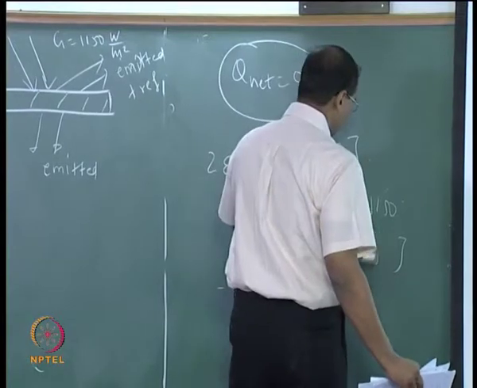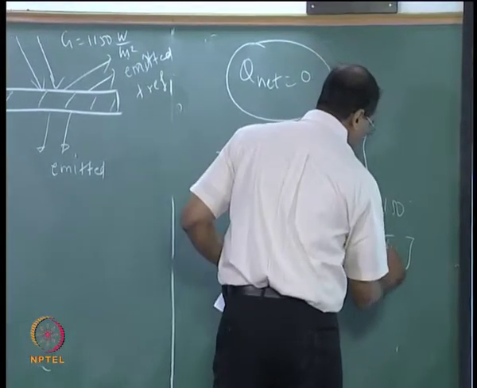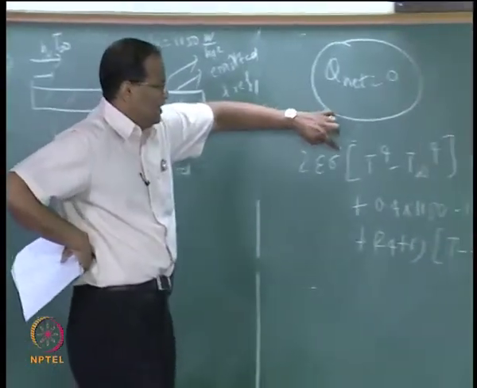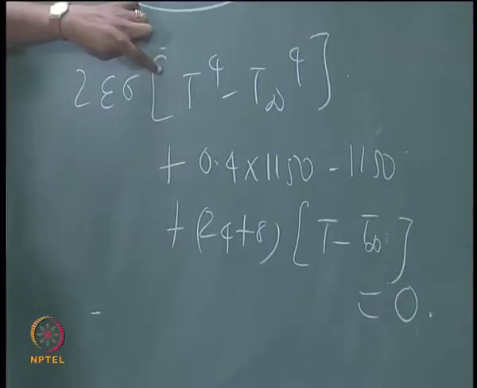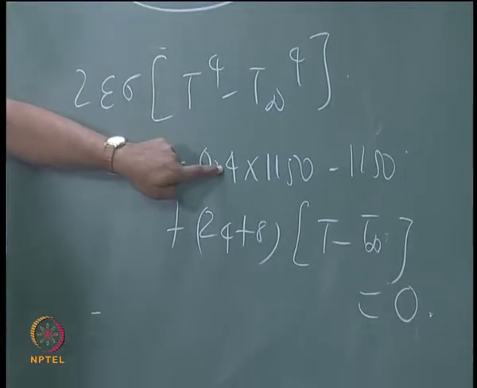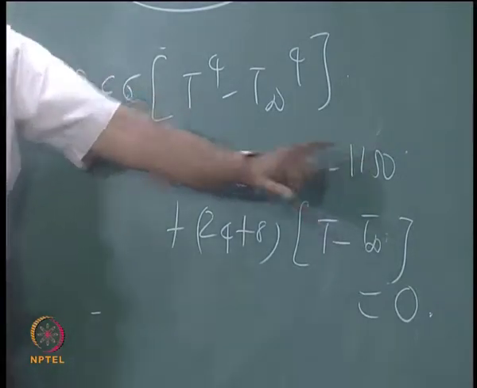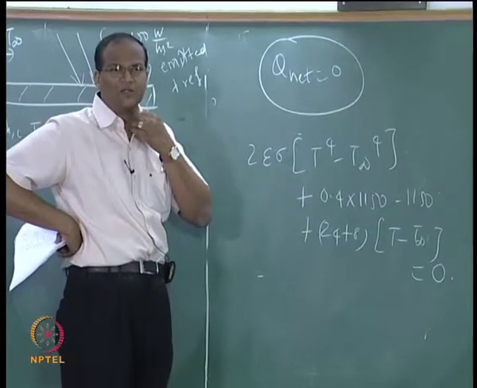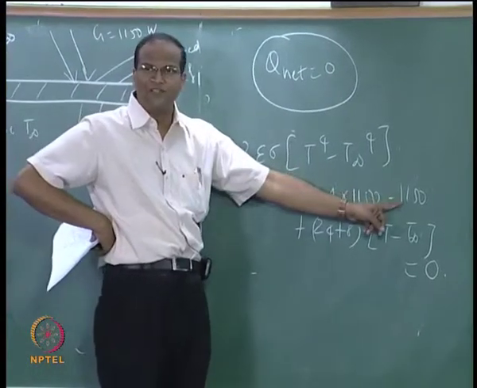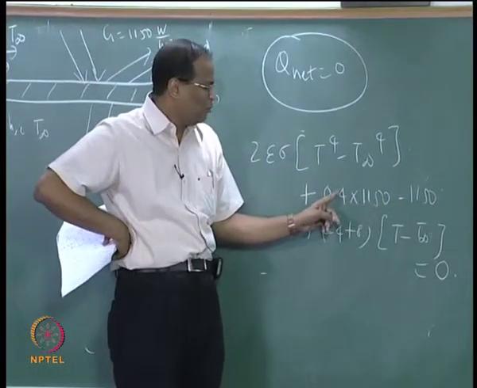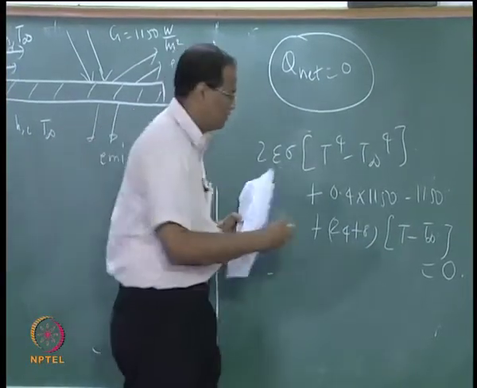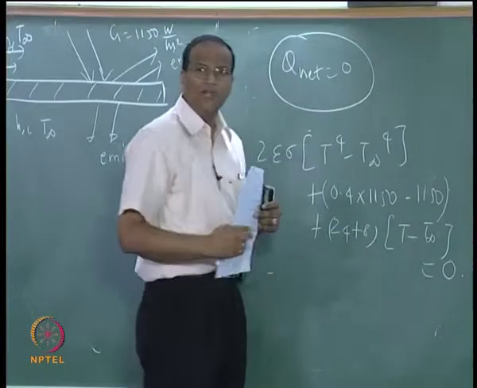I will just put T infinity first equal to 0. The net emitted plus whatever is reflected minus whatever is incident plus whatever is convected must be equal to 0. Where is the source? The source is this minus 1150. Rather 0.4 into 1150 minus 1150, which is nothing but... any problem?